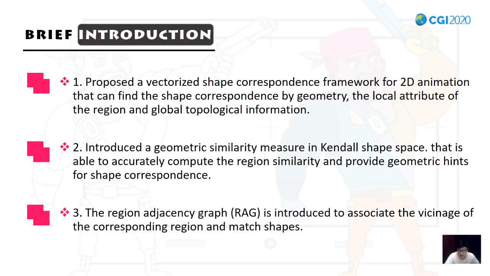Therefore, our contribution can be summarized into three. The first is to propose the region correspondence framework for 2D animation. The second is we introduce a Kendall shape space model in region similarity measure. The third is the region adjacency graph, aka RAG, introduced to associate the neighbors of the corresponding regions and match shapes.